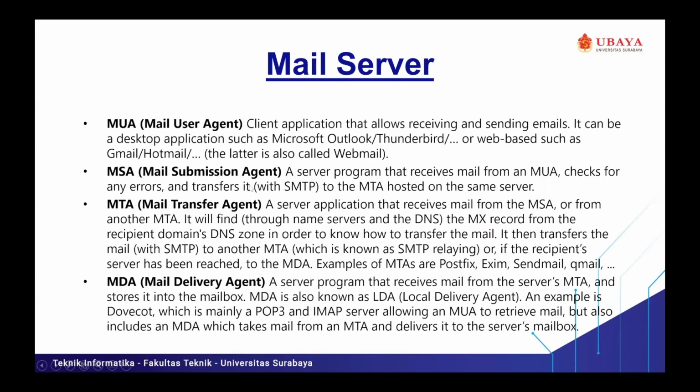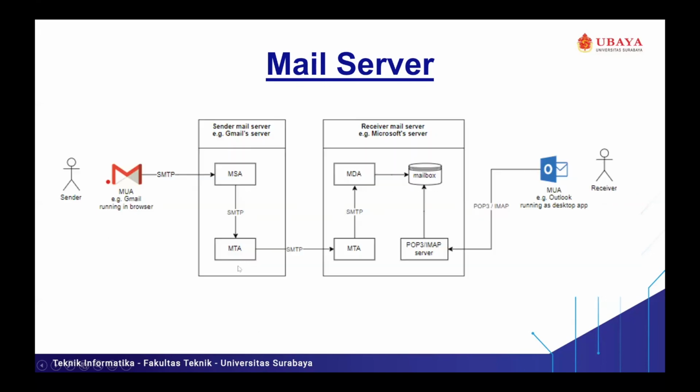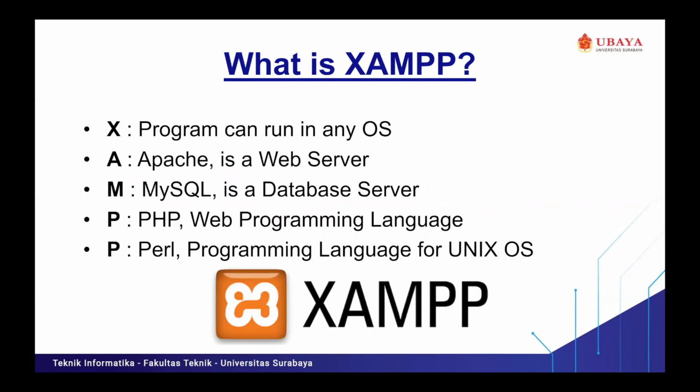What is MDA? Mail delivery agent. Then the MDA will send the mail to the MUA by using the POP3 or IMAP server, right? Because for receiving email, we will use the MDA, mail delivery agent, and also POP3 and IMAP as the protocols for getting the mail from our mail server.